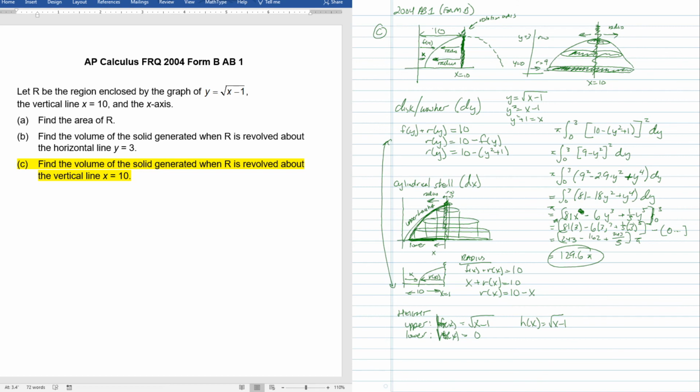Therefore, the integral of the cylindrical shell method is going to be 2 pi times the integral from 1 to 10, because that's where we want to start our graph.